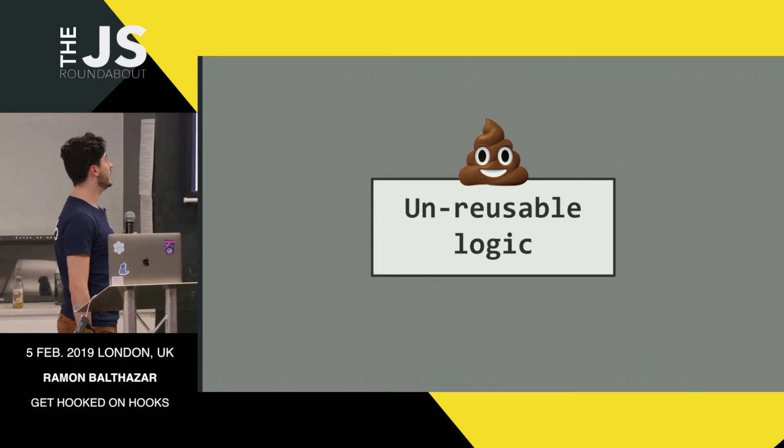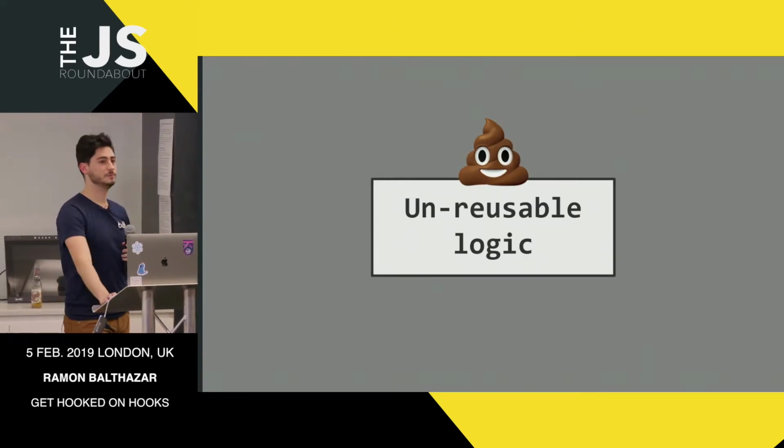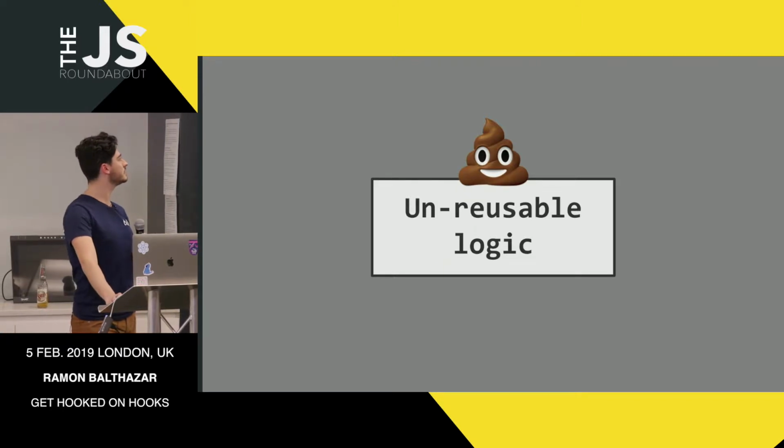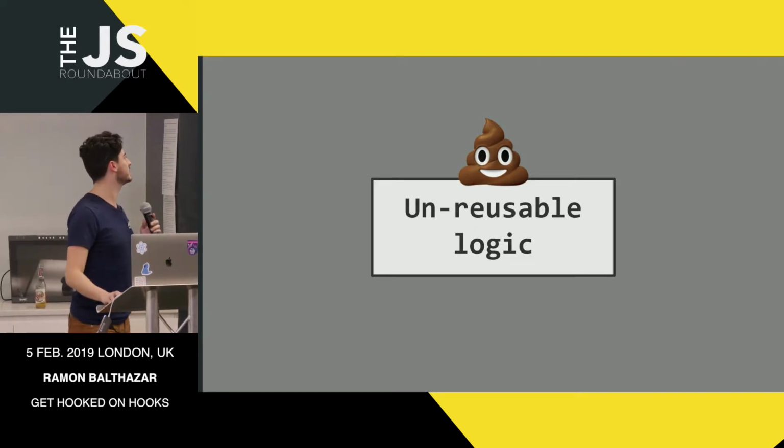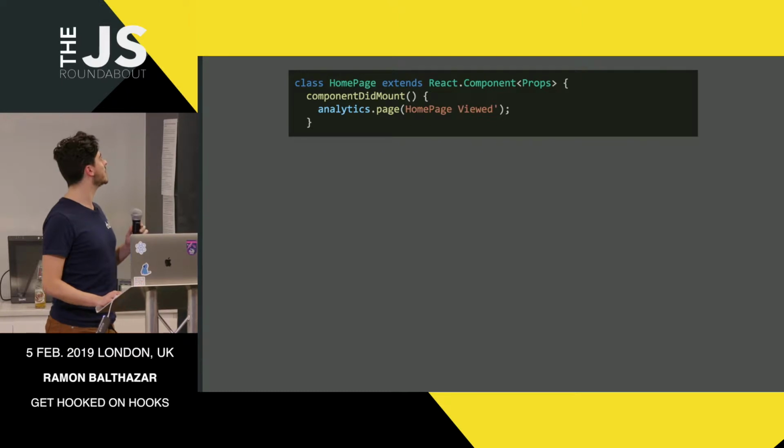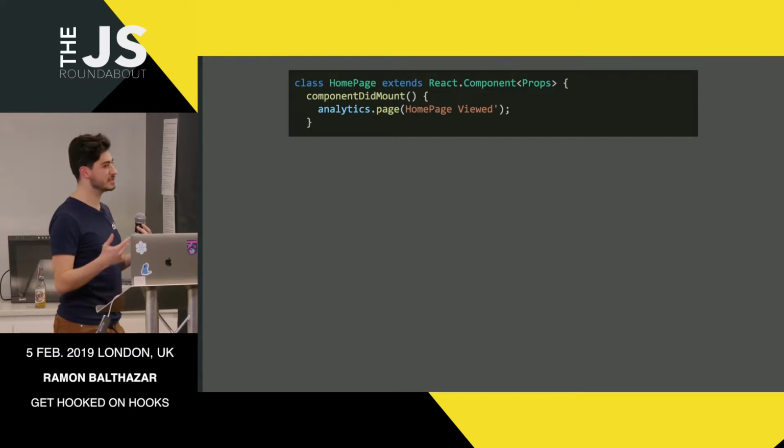Some other problem, unreusable logic. I'll give you a simple example for this. So above we got our marketing site, and it needs analytics. We got some custom analytics that we call every time those pages mount, and we need to call it only when the page mounts.